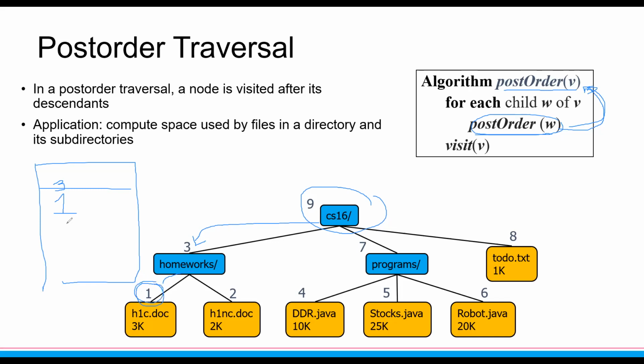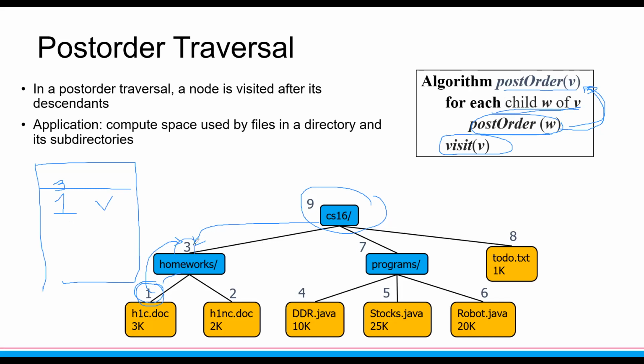After we are in 1, is there any child of V? Because there is no child of V, we just visit V. So we mark V as 1 visited, and then because we finish with this one, we return back to the parent, and then we will go to the next node.